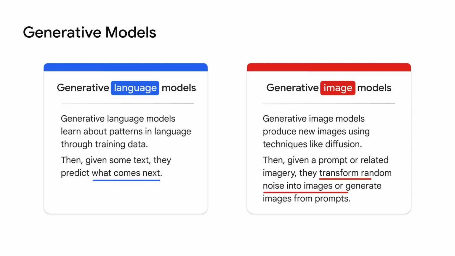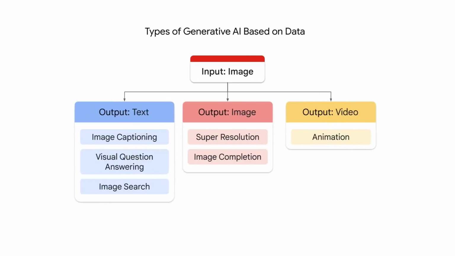Large language models are one type of generative AI since they generate novel combinations of text in the form of natural sounding language. A generative image model takes an image as input and can output text, another image, or video.